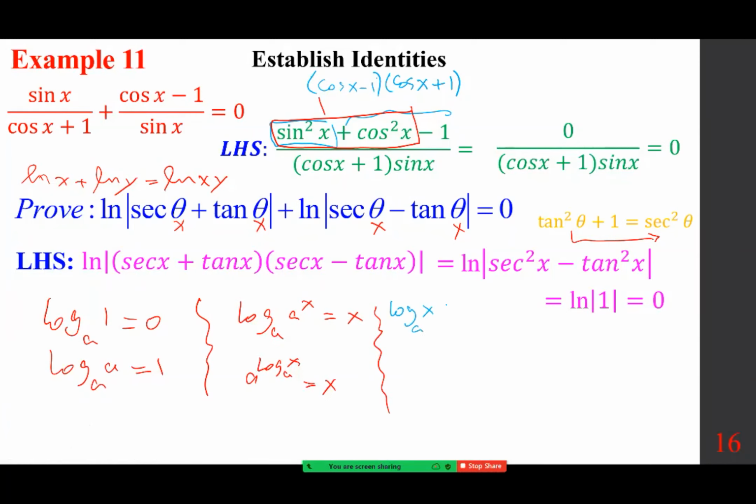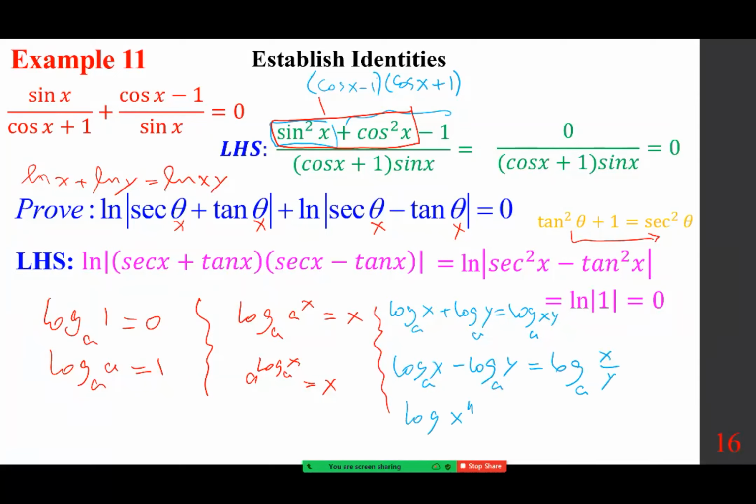Log x base a plus log y base a equals log xy base a. Log x base a minus log y base a is log x over y base a.